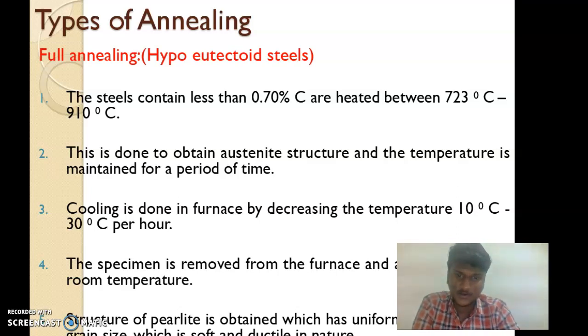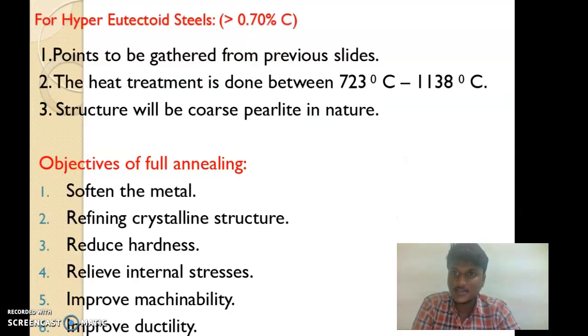Cooling is done in the furnace by decreasing the temperature 10 to 30 degrees centigrade per hour. The specimen is removed from the furnace and air cooled to room temperature. The structure of pearlite is obtained, which has a uniform medium coarse grain size which is soft and ductile in nature.